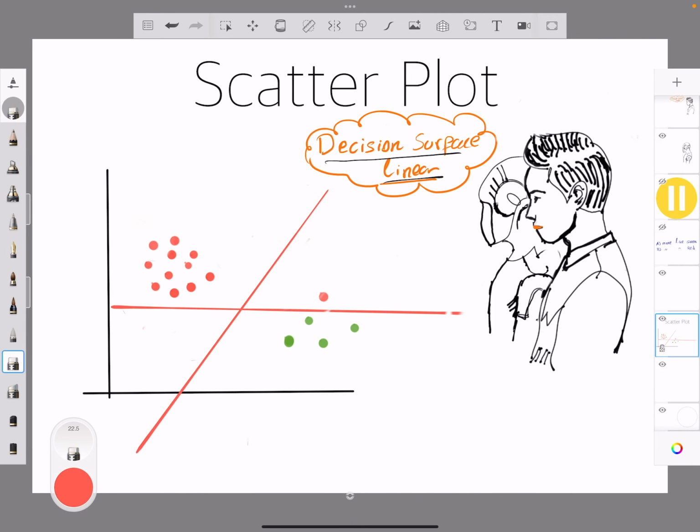I modified the data to make it more tricky, and I give you 2 lines. One of them is A, another one is B. So the question is, which of the 2 lines do you think maximizes the margin and would be the correct result of a support vector machine? You can pause the video, and we are talking about SVM algorithms.